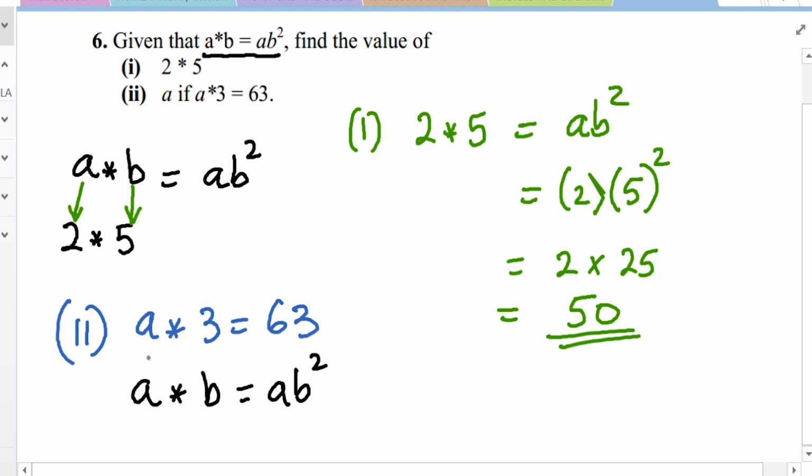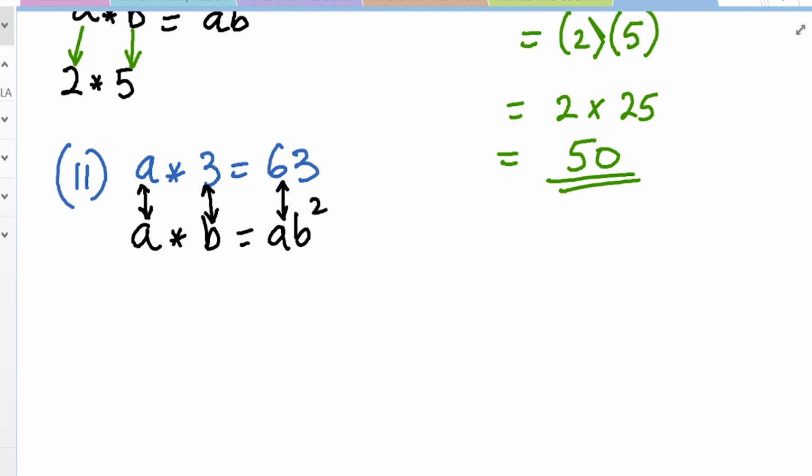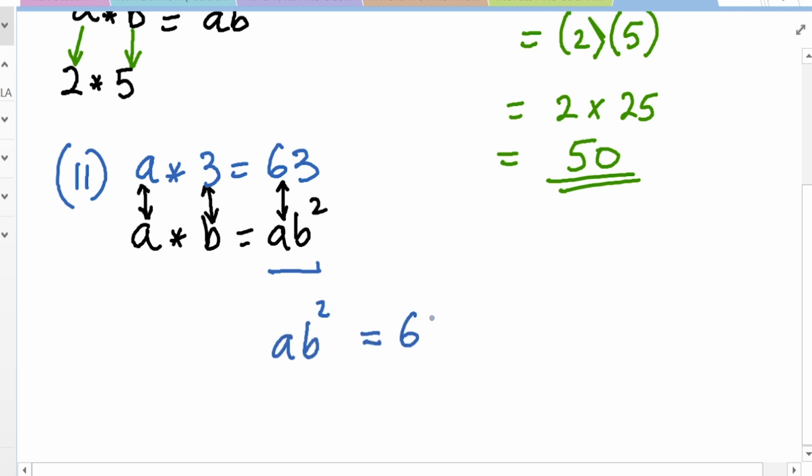So in other words, here they're trying to find our value of a. They're telling us our value of b is 3, so it means it is ab squared is equal to 63, right?